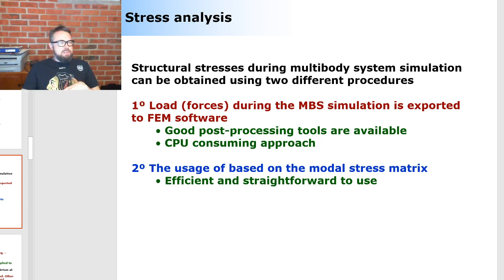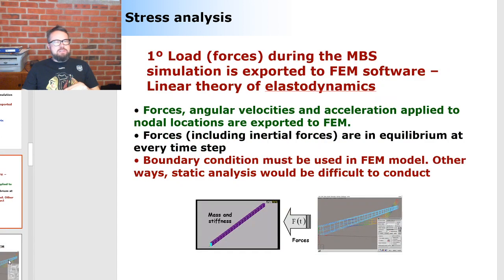But now let's first look at this first method, that is coarse, not very sophisticated, but still a possible way to go. Again, the idea is that you take all the forces that are applying in a system at each given time, and you convert those forces to externally applied forces for your finite element code.